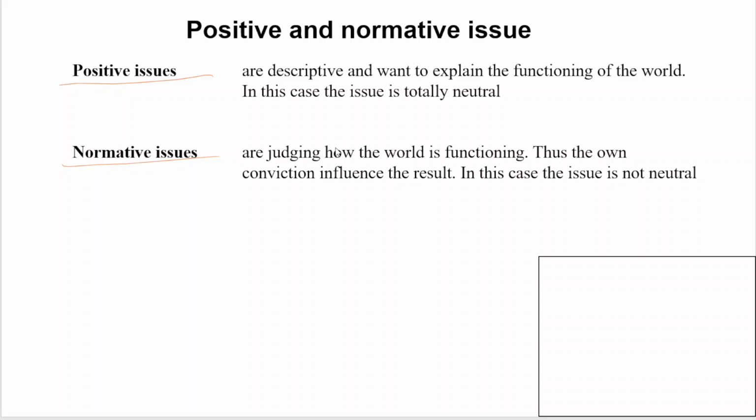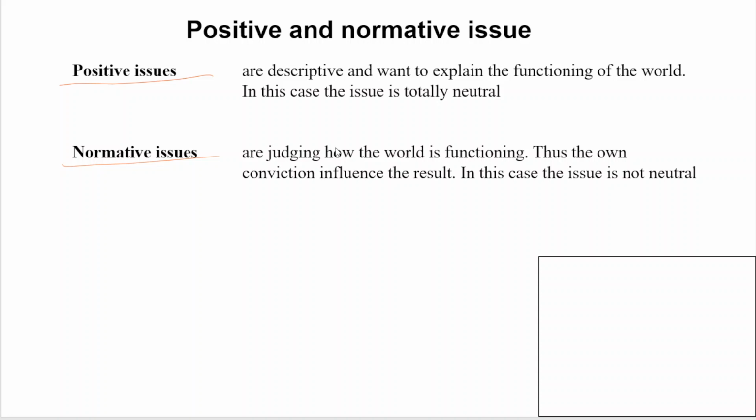And if you then say the world is always functioning like the neoclassical model, then this is a judgment. I use this model now, and then you are in the normative part when you say this is the truth, so to speak. But the analysis within the neoclassical model is just scientific stuff.